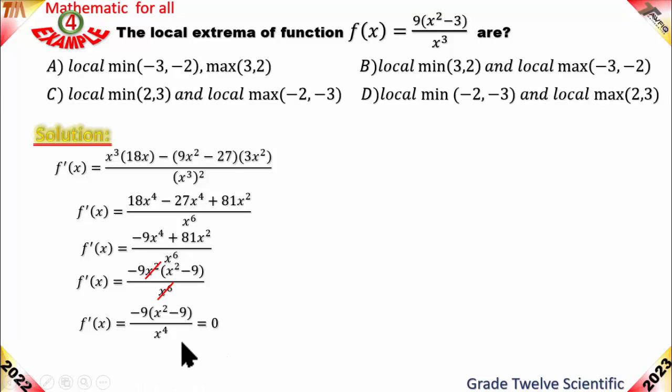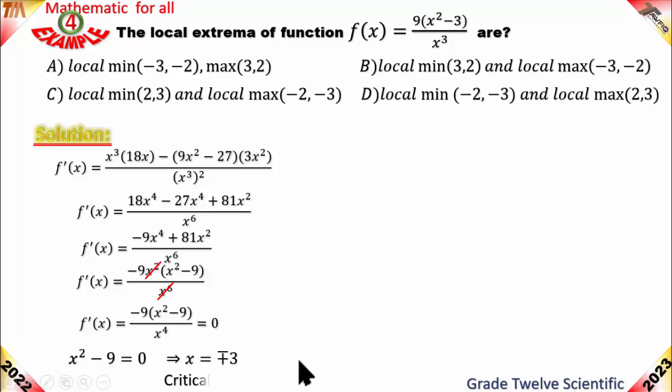When we set this derivative equal to 0, the numerator must be 0, because for every rational function, if it equals 0, only the numerator is equal to 0. So x squared minus 9 is equal to 0. That leads to x being plus or minus 3.